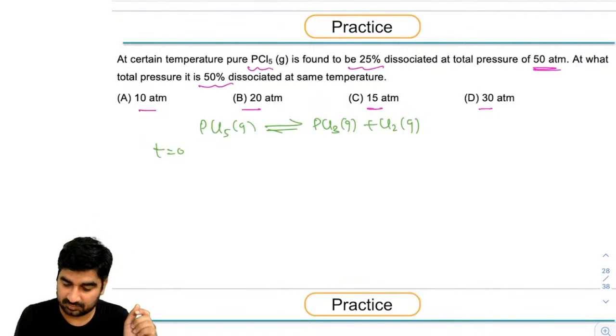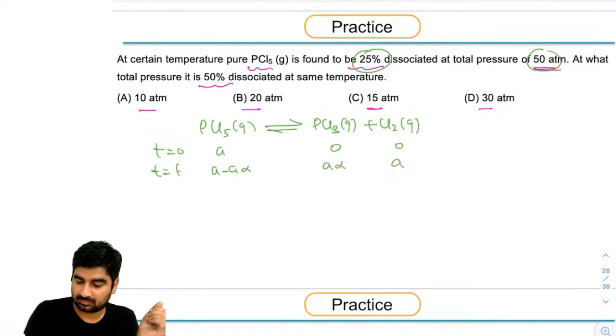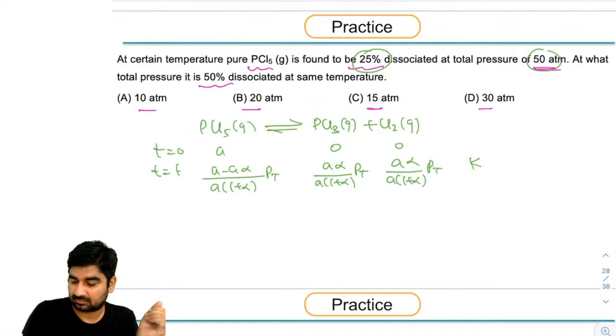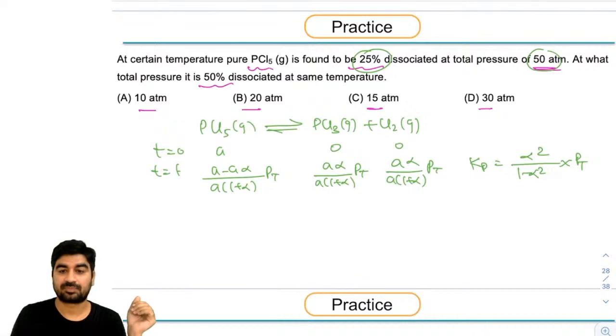At T is equal to 0. 25% is dissociated, so A mole, and after some time it will be into B total. Right? So what will you get?